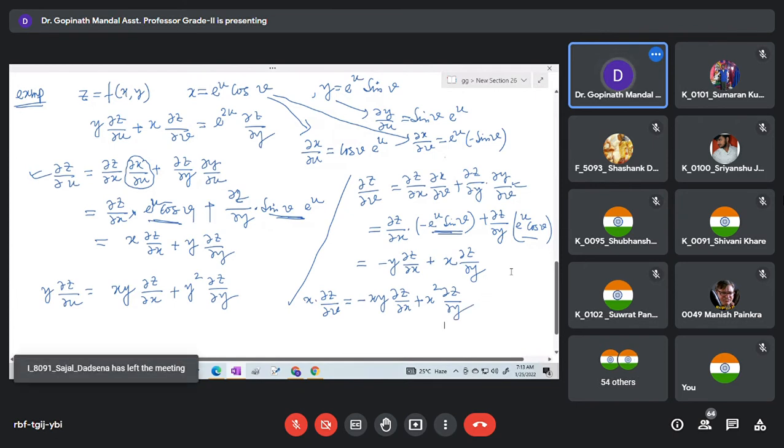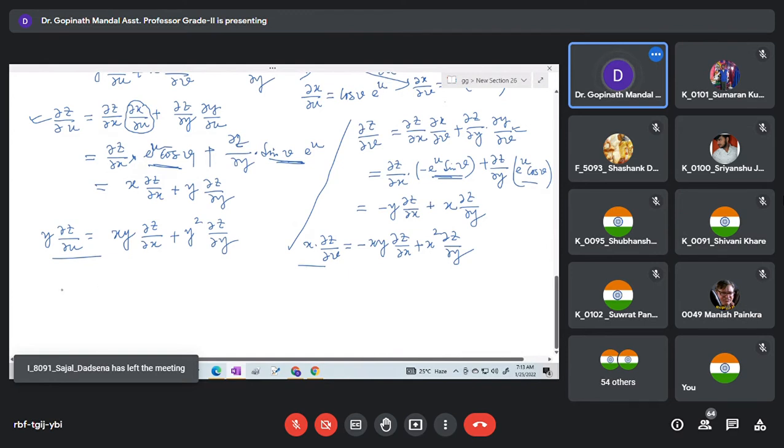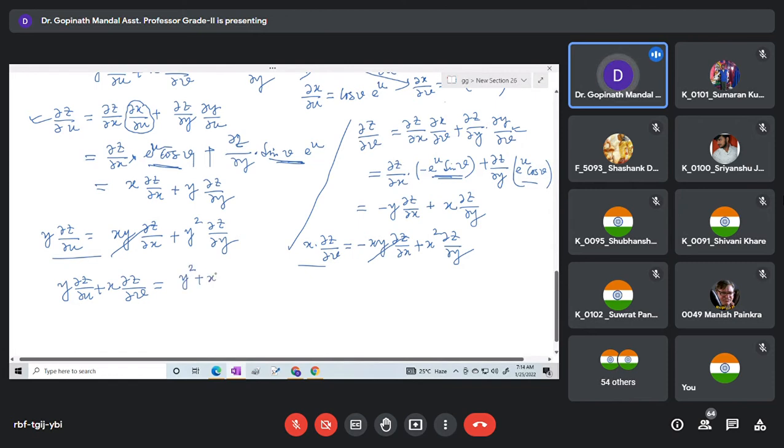Now add these two terms, y ∂z/∂u plus x ∂z/∂v. This cancels out, xy plus xy minus xy, so we get y² plus x² ∂z/∂y.